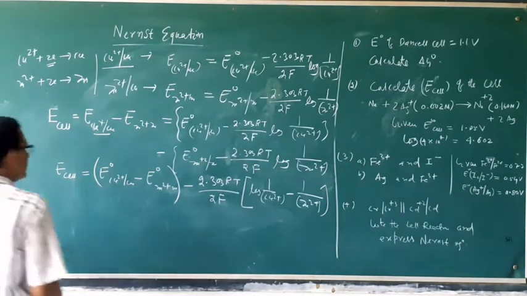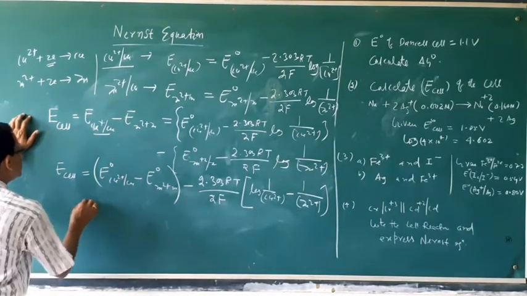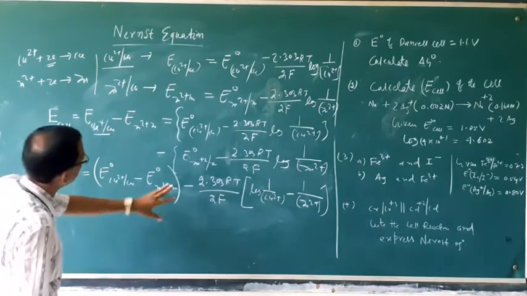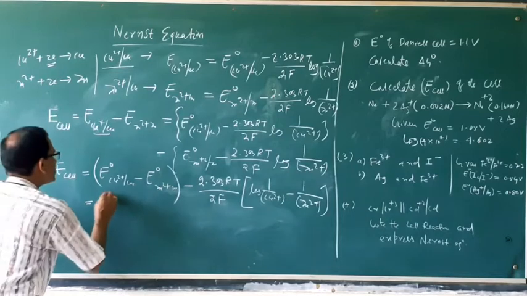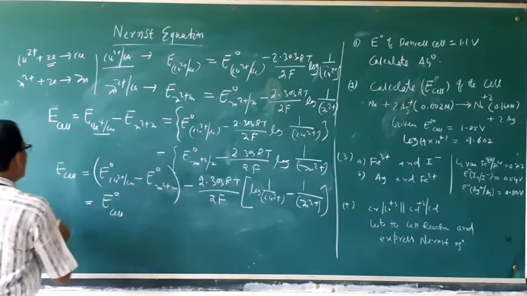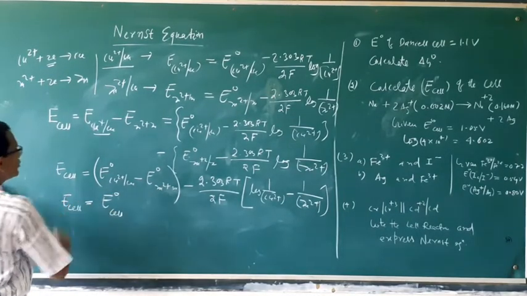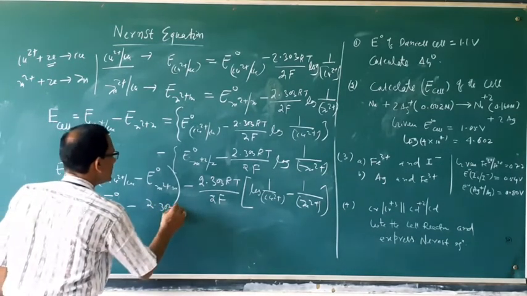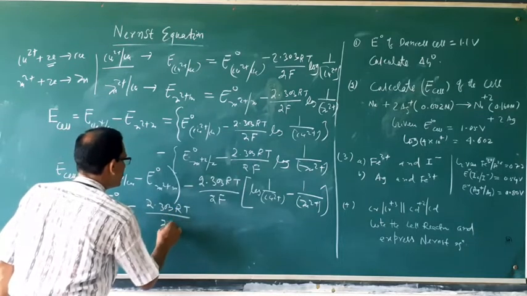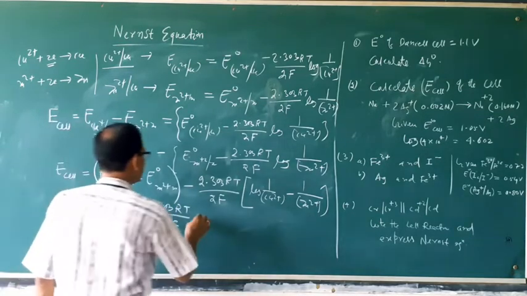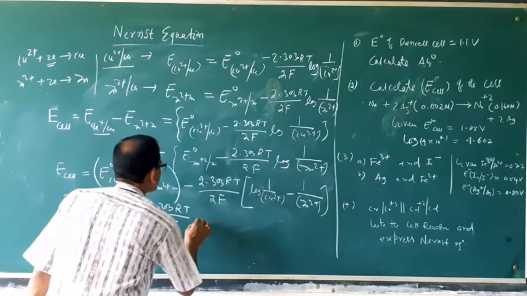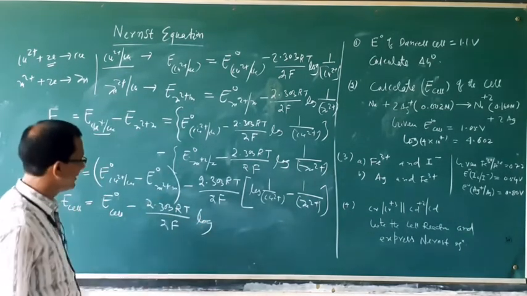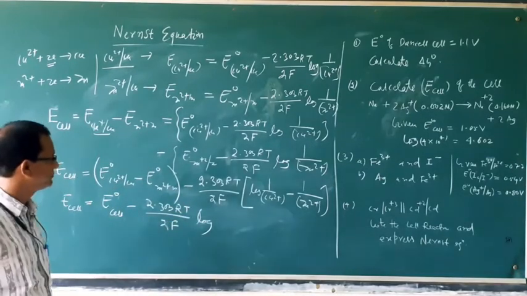Now E cell is equal to E naught of copper minus E naught of zinc, which is called E naught cell. Now E cell is equal to E naught cell minus 2.303 RT by 2F, then log, as it is minus here.